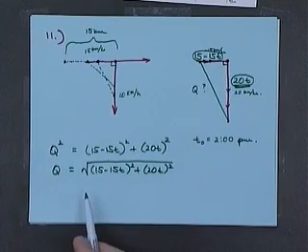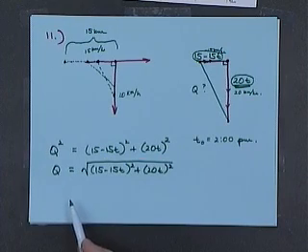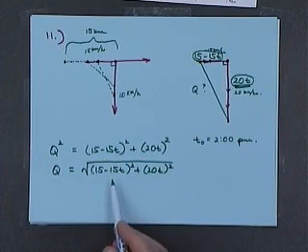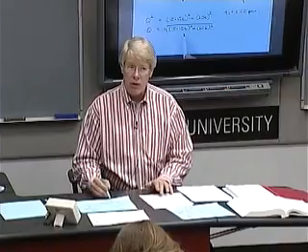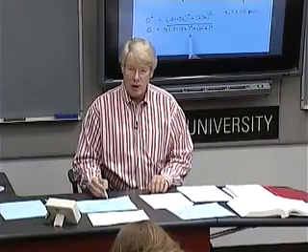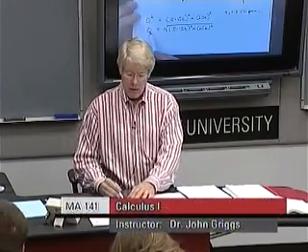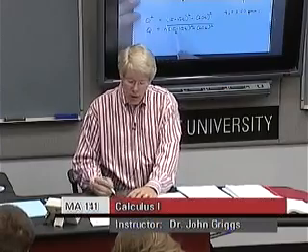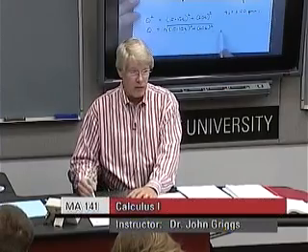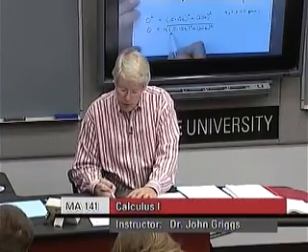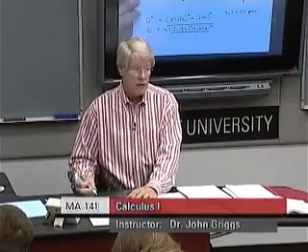Now, I think we've done this before on another problem. Didn't we minimize, although I think it was a maximum problem? We maximized the square root by maximizing what was under the square root, right? So we don't really want to work with this big, ugly square root. We want to work with what's under this.